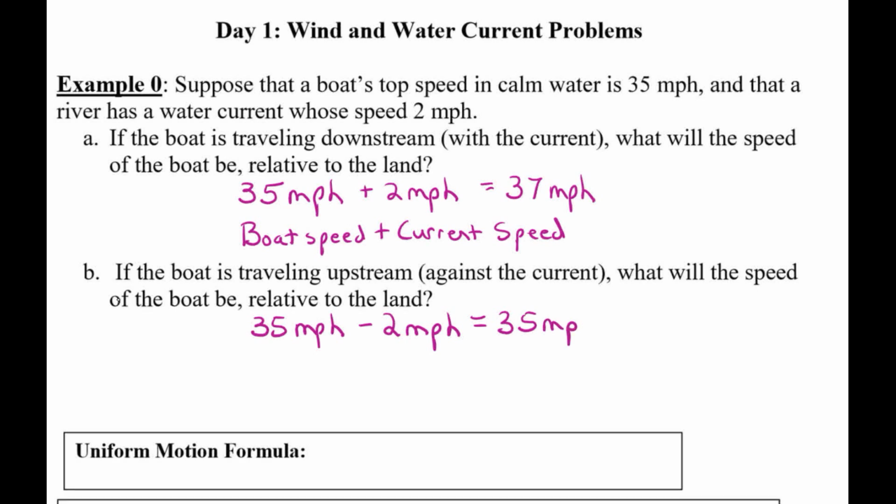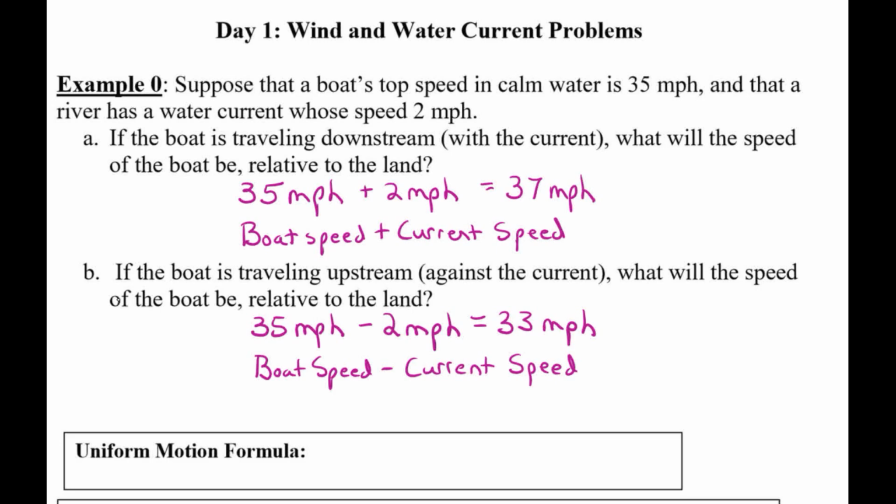That means we would actually be going 33 miles per hour relative to the land. So we're going to take our boat speed and subtract the current speed. And that's going to be our major concept for today.